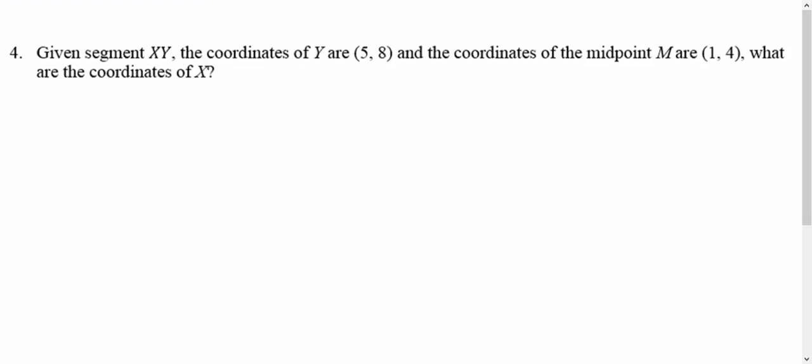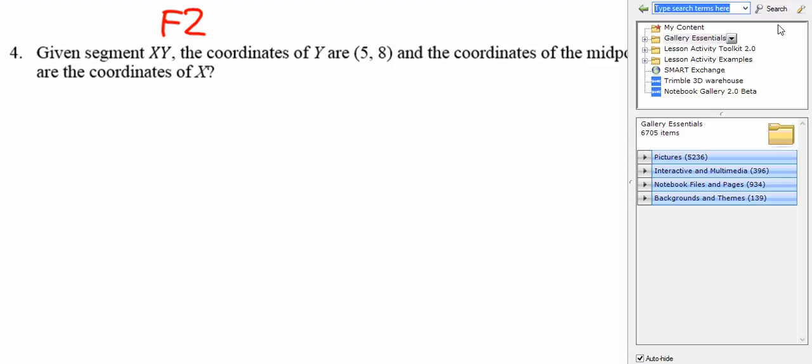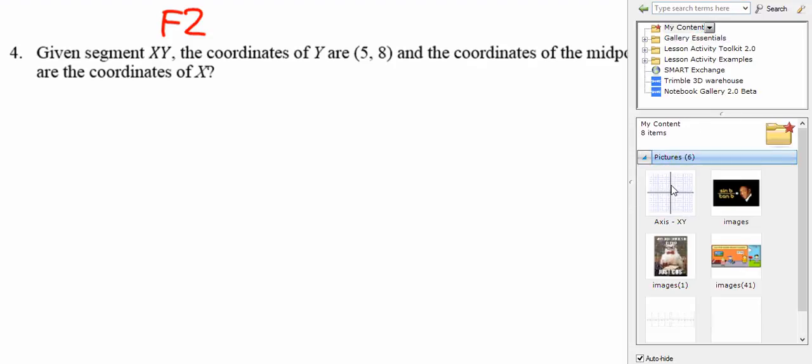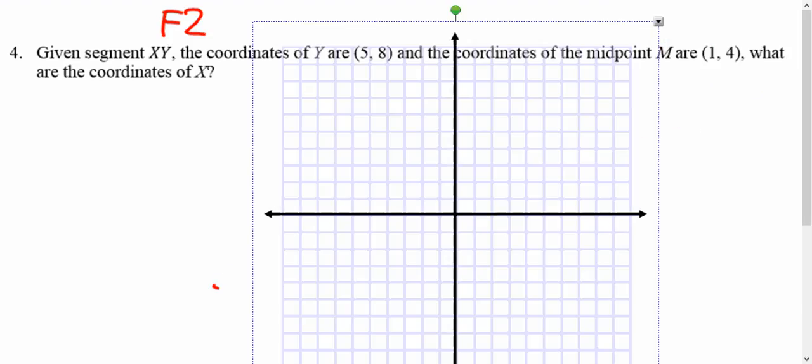This question comes from Framework 2. Given the segment XY, coordinates of Y are (5, 8), and the coordinates of the midpoint are (1, 4). What are the coordinates of X, which would be the other endpoint? We could do this a couple of ways. You could graph it. If you want to pull out some graph paper, you could. You could plot those points.